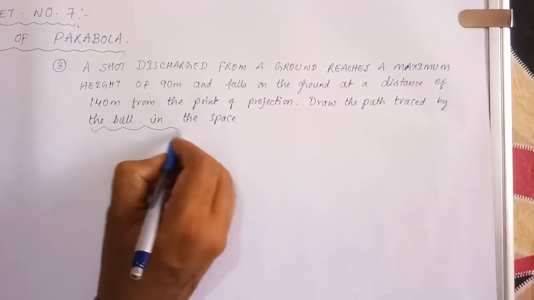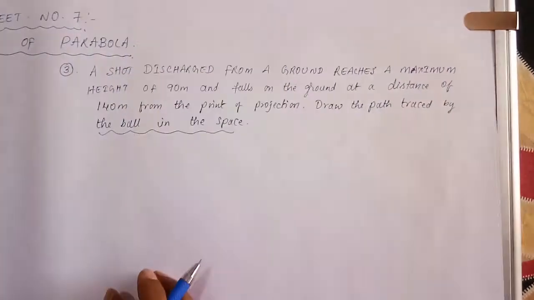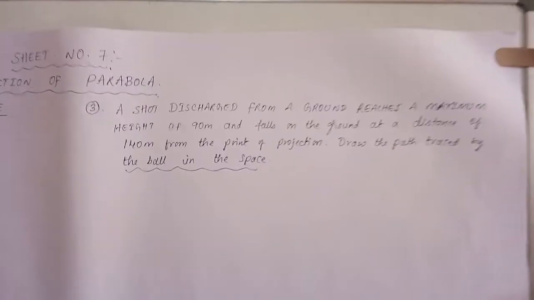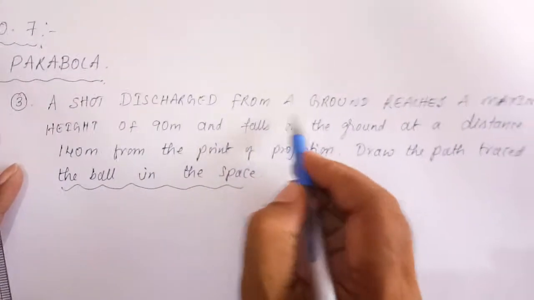Dear students, all of you go through this problem properly. What is given in this problem? A shot discharged from a ground.